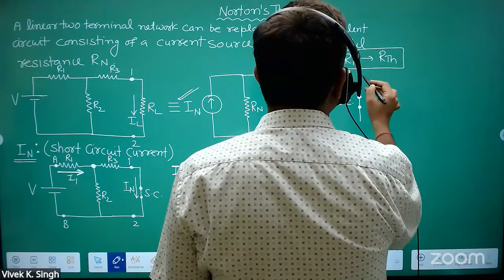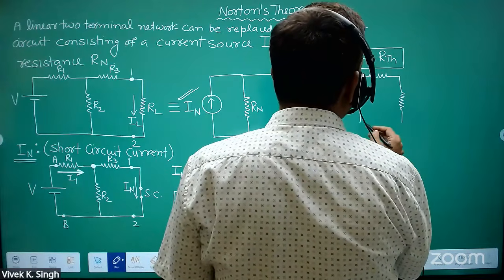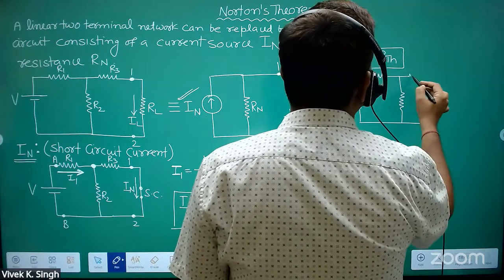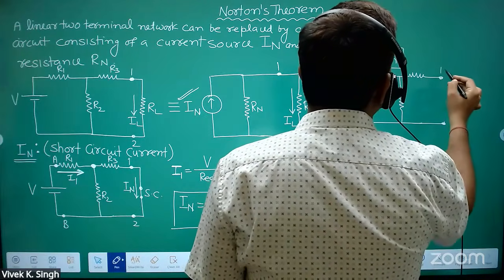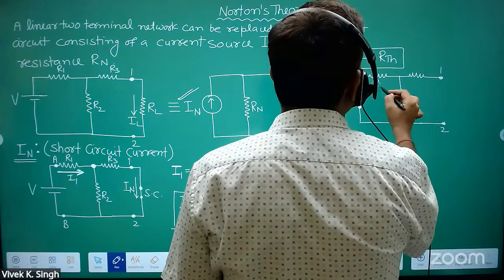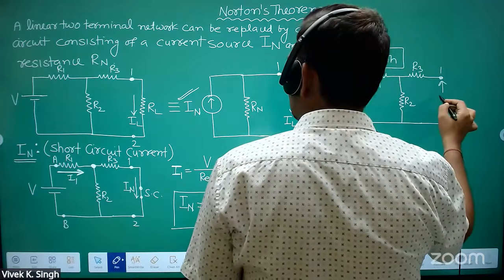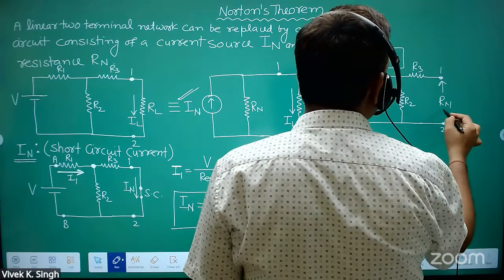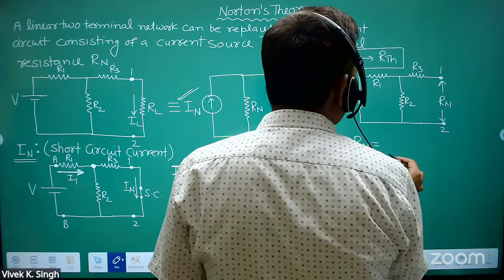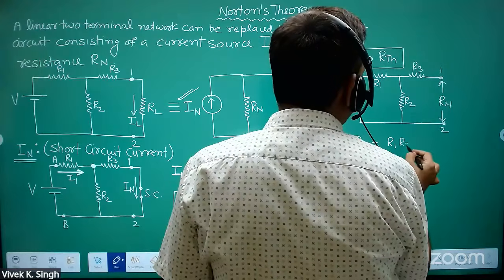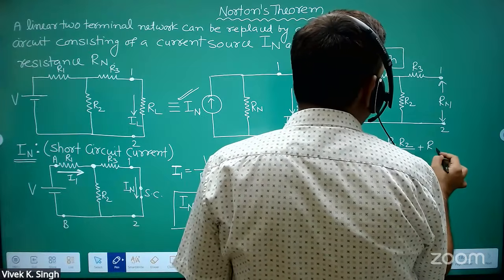So this is R1, this is R2, this is R3, 1 and 2. And this will be Rn. So Rn will be given by R1 R2 by R1 plus R2 plus R3.